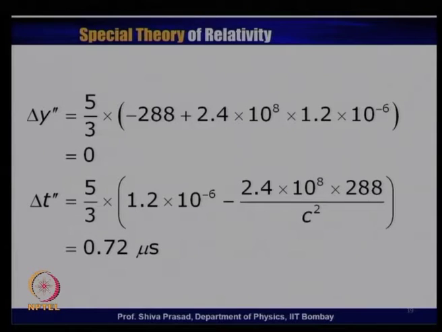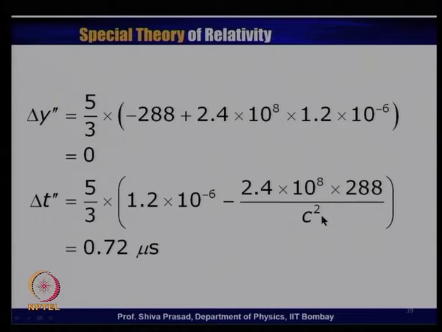Let us try to find out delta t double prime. Again this is gamma, which is 5/3, multiplied by delta t, which is 1.2 into 10 power minus 6, plus the relative velocity between S and S double prime, 2.4 into 10 power 8, and because delta y is minus 288, there is a minus sign here, 288 divided by c square.